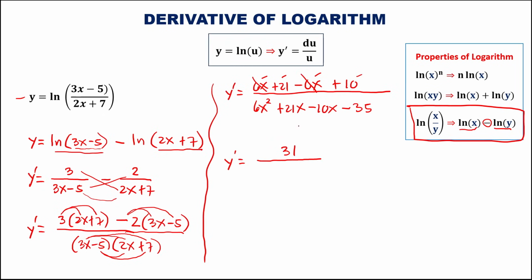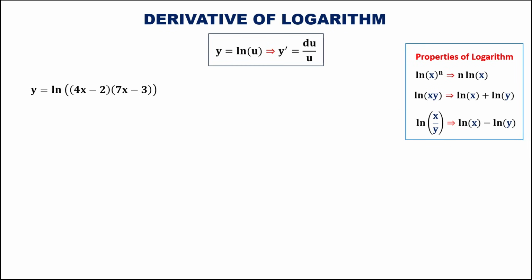Then in the denominator, combine positive 21x minus 10x, so we have 6x squared plus 11x minus 35. So this is now the derivative.